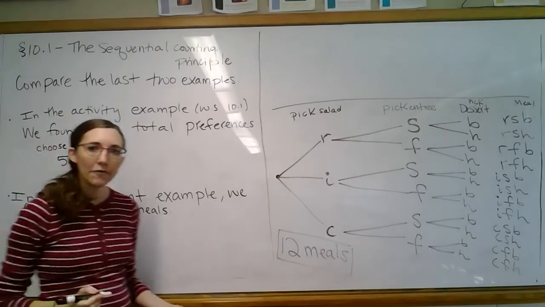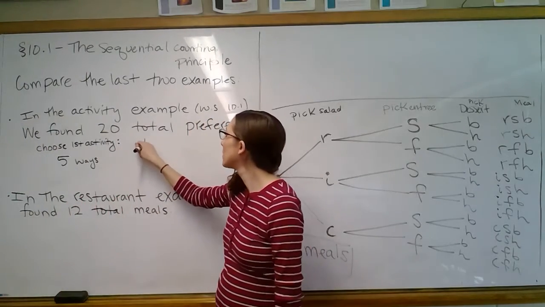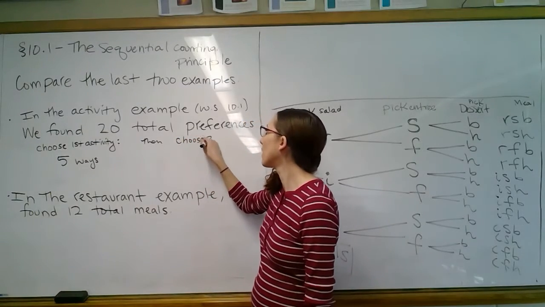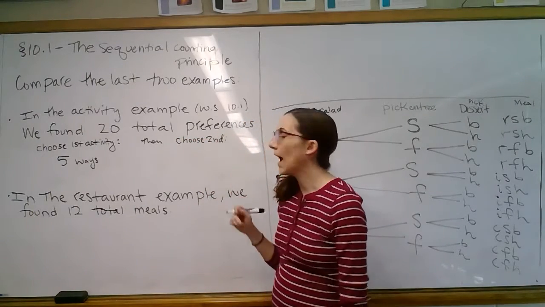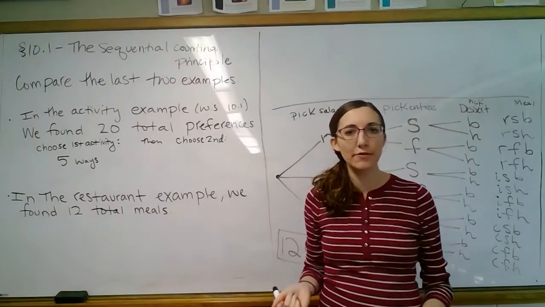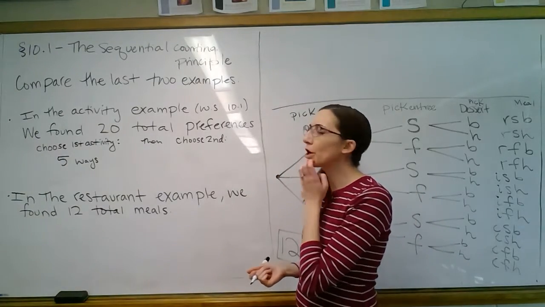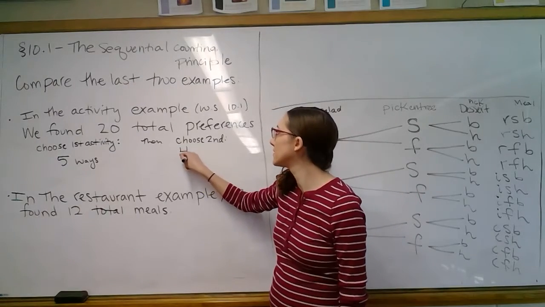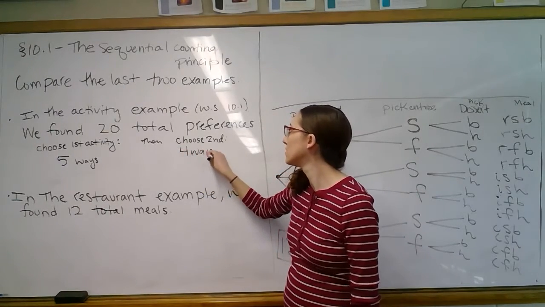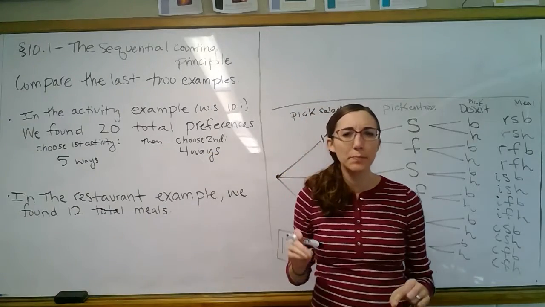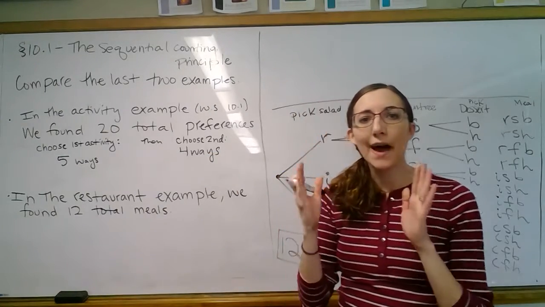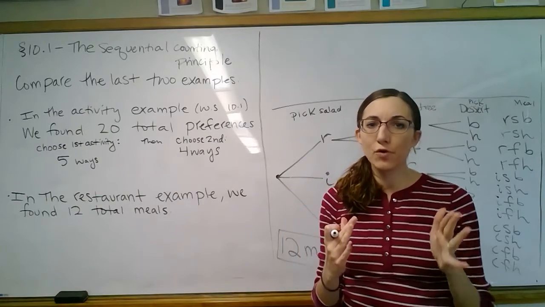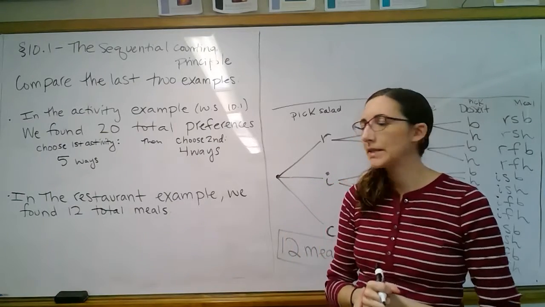And then after that, we did choose our second activity choice, that second preference. And we couldn't pick the same one again, so then we were down to 4 ways. Okay, I just want to put a pin in that for a second then. So that one broke down into kind of 2 chunks, and then there was 5 ways and 4 ways, and we got a total of 20.